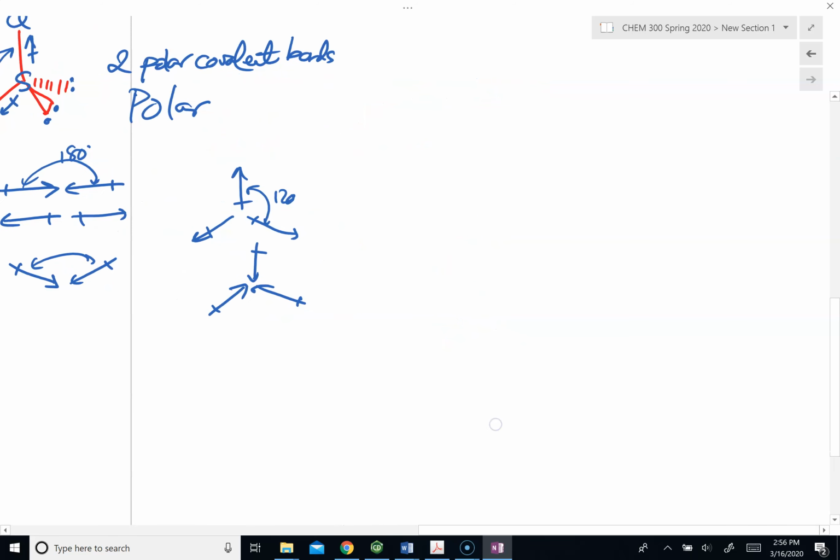And for tetrahedral, in order for tetrahedral to be nonpolar, there have to be 4 dipole moments pointing in the exact opposite direction for them to cancel each other out. If we have only 2 or 3, then they will not cancel each other out, and there will be a net dipole moment.